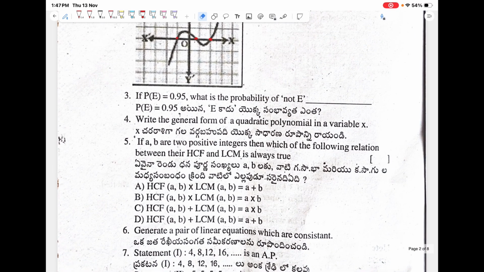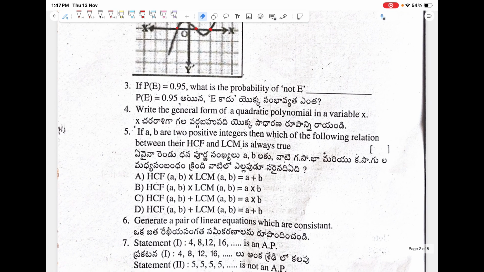Look at question number 4. Write the general form of a quadratic polynomial in the variable x. They are asking for the general form of a quadratic polynomial. We have the formula: k of x square minus, if two zeros are there, one is alpha and another is beta, into x plus alpha into beta.